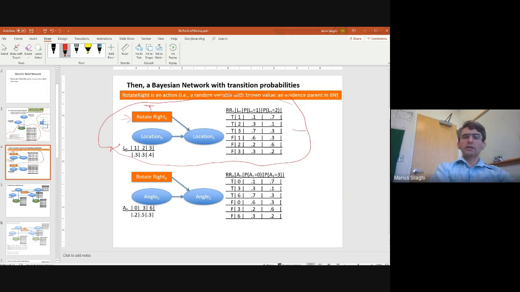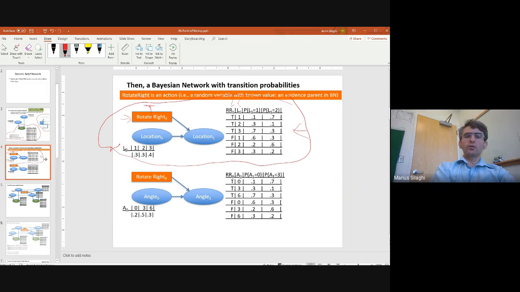And we have the transition probability table. It's the kind that you are getting from your measurements, the CPT, conditional probability table, for the transition for location 1 given the rotation action and the location before. And this is the one you are building in this milestone.